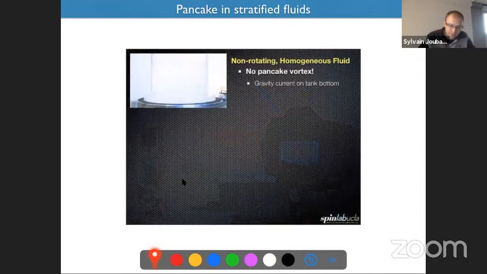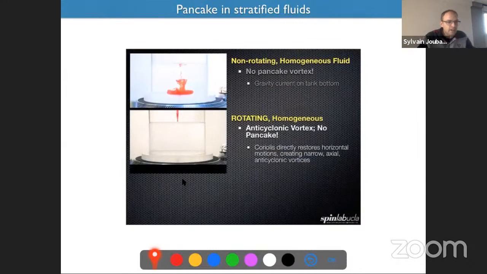The system is slightly denser. More precisely, the density of the injected fluid is in between the stratification.